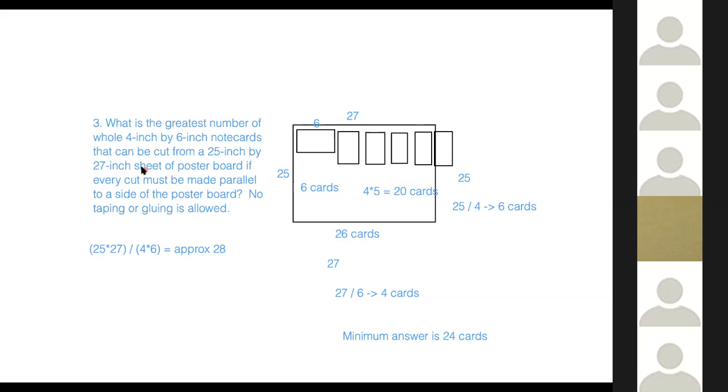One hint is that this number and this number are both even. Any ideas from that? Since the 27 and the 25 are odd, there's no way the 2 even numbers will go into them without any wastage. Good, exactly.